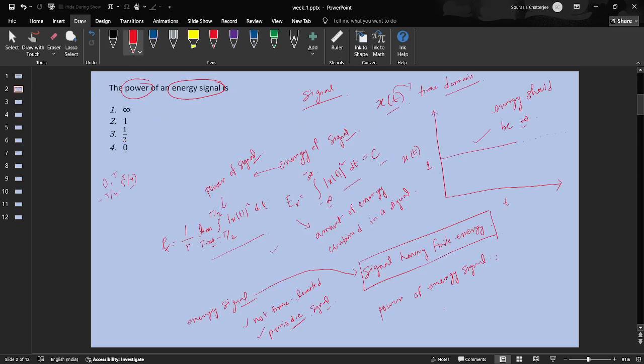Okay, it's fine now. So the key idea is to find the power of an energy signal, I need not know anything about the signal, in the sense what is the expression of x(t). I don't need to look at the maths and all that. The moment I know it's an energy signal, I can immediately infer the power of it is going to be 0. Nice.